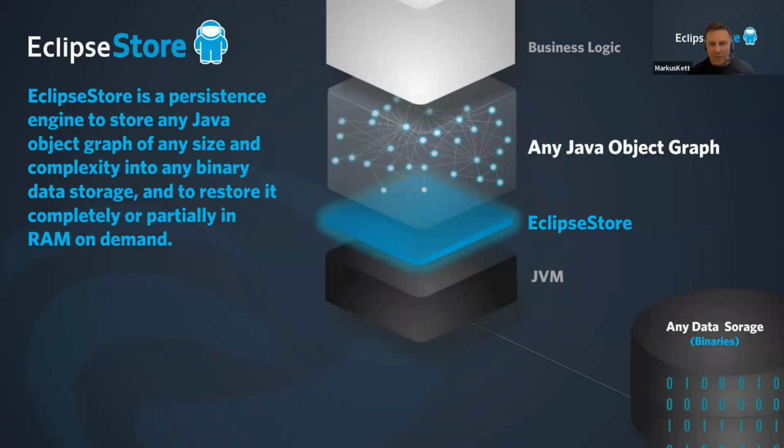So altogether, this allows you to store any object graph. You can also store subgraphs. In most cases, only the changes on your graph will be stored. Basically, it's possible to store the whole object graph, but in most cases, you will just store the changes.